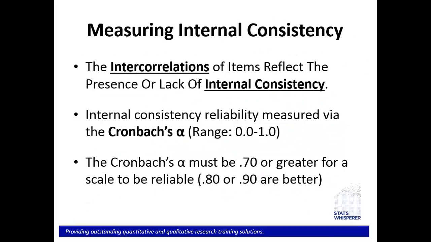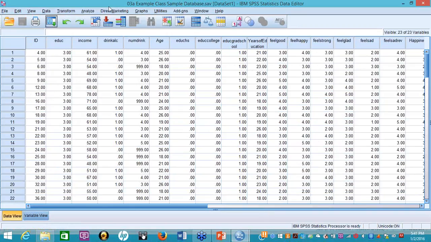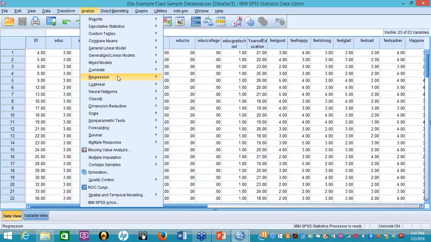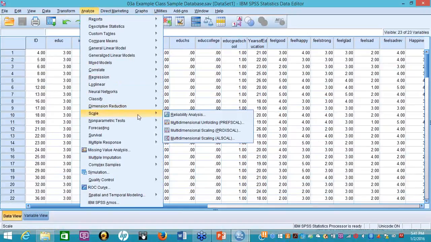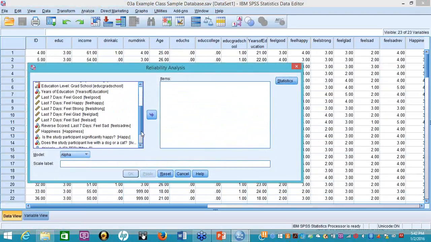Now to examine internal consistency in SPSS is rather simple. Let's look at that really fast. Okay, so we go to SPSS, Analyze, Scale, Reliability Analysis, and we just put the items for our 5-item scale over to the right.